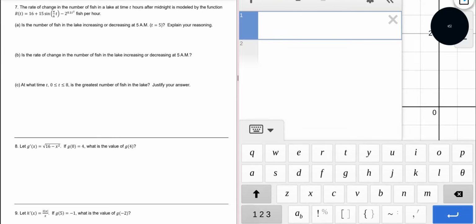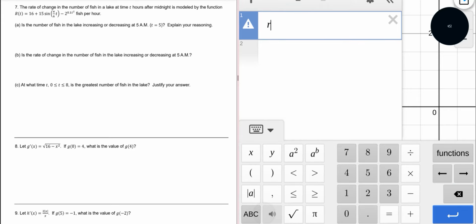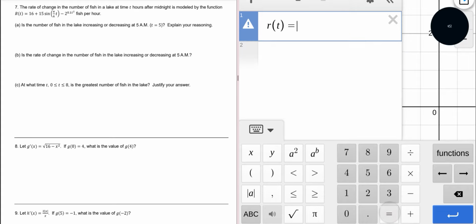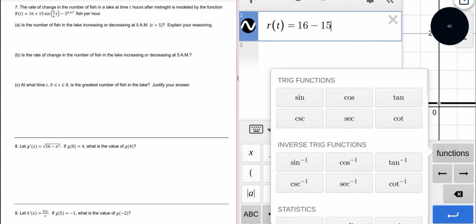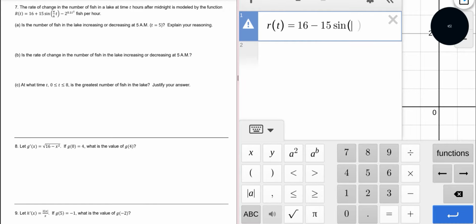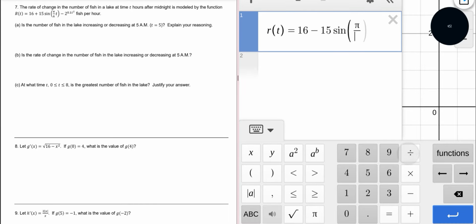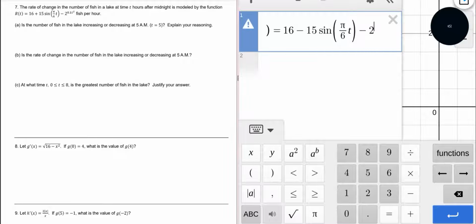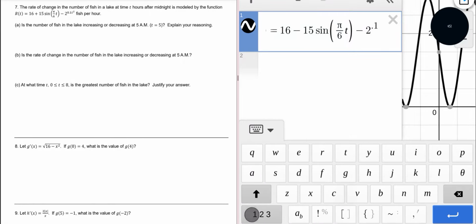So I'm going to store this equation as r of t equaling 16 plus 15 sine of pi over 6 t, minus 2 to the power of 0.1 t squared.